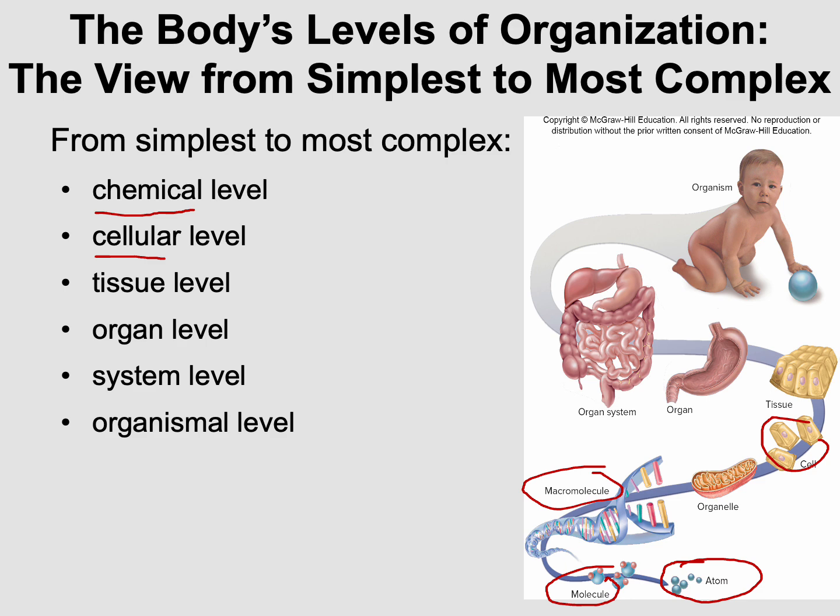You put a bunch of cells together, you make a single tissue type. You put a bunch of tissues together and you make an organ. You put a bunch of organs together, you make an organ system. And finally, you put a bunch of organ systems together and you make an organism. So those are the levels of the body's organization.